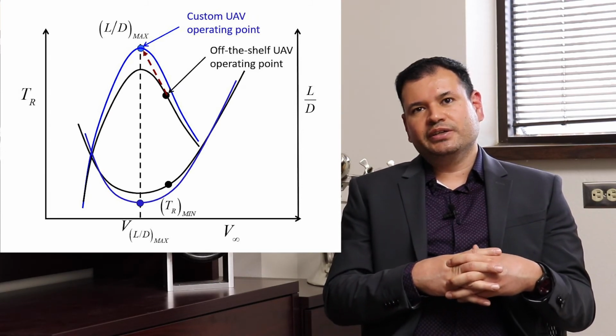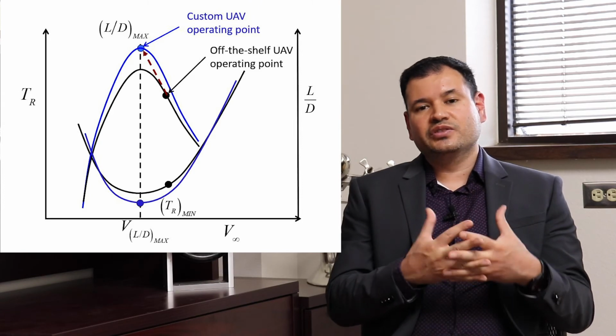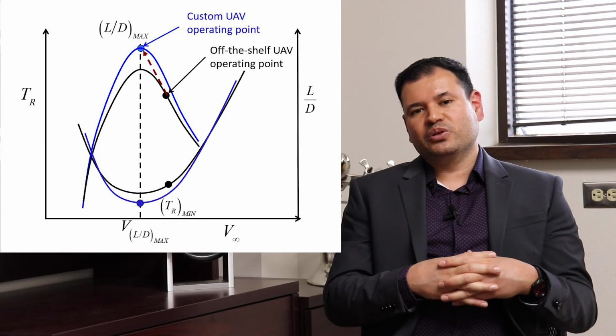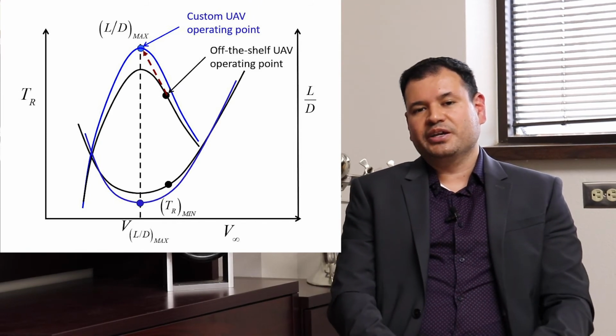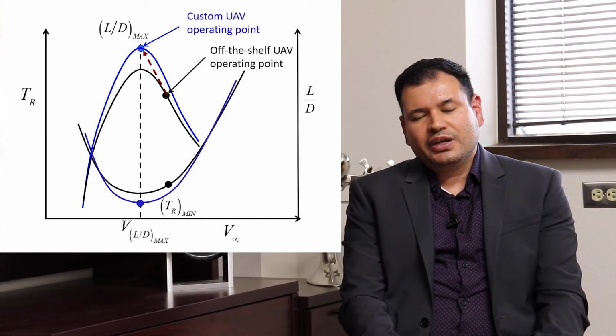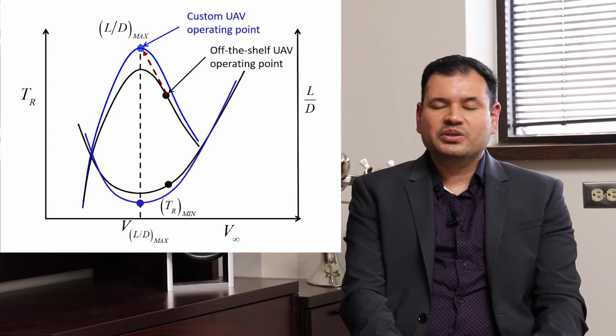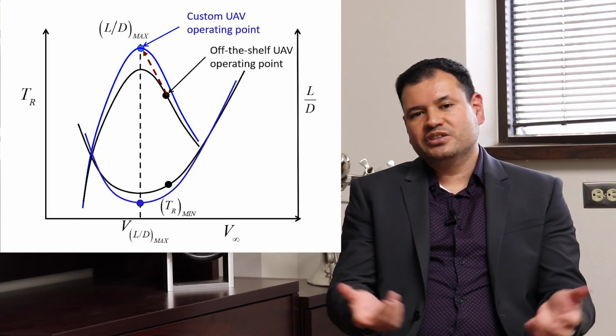We do everything we can to design the best designs, and again, we use CFD to compute the drag polar and see where we're actually flying. That's something you can't do with off-the-shelf drones, because each customer is going to adapt the off-the-shelf drone towards whatever mission he may have in mind.